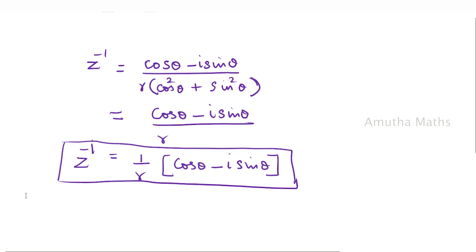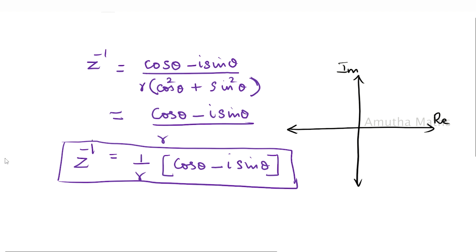Now we shall see this in the diagrammatic representation. So listen carefully. This is the real axis and this is the imaginary axis. For the first property, it is given that z is equal to r into cos theta plus i sin theta, which is given in the polar form. We have already studied how to represent the complex number in the polar form.